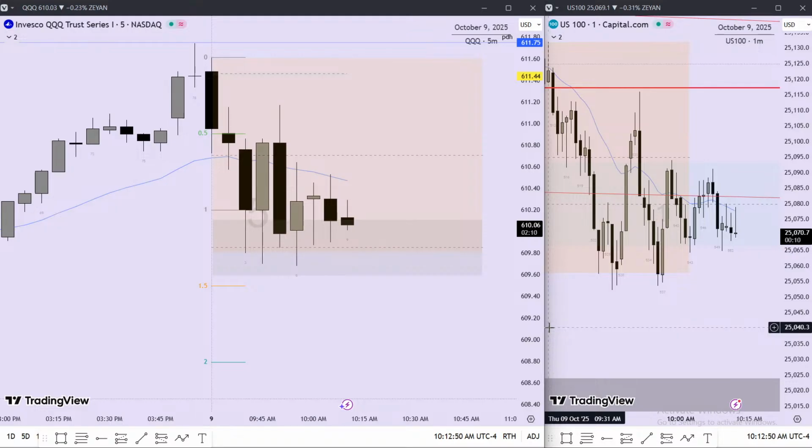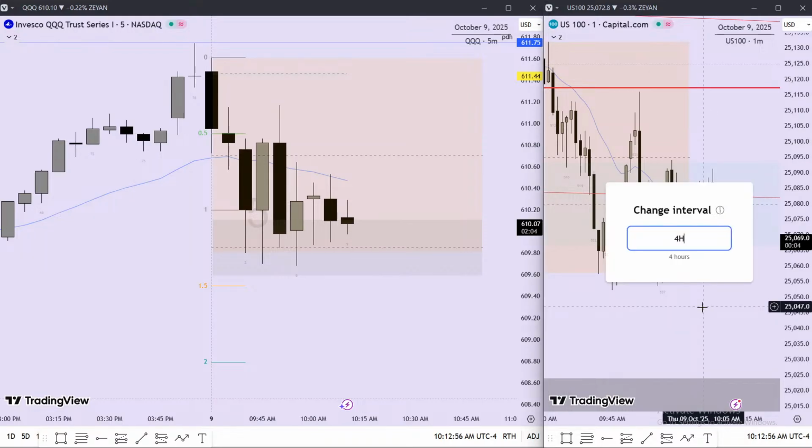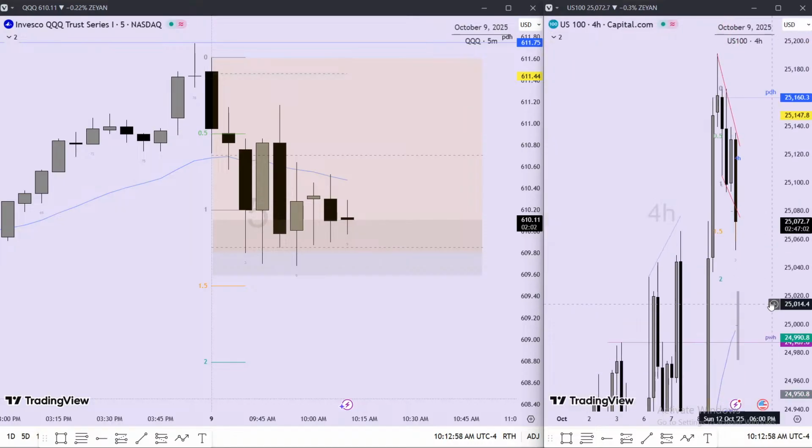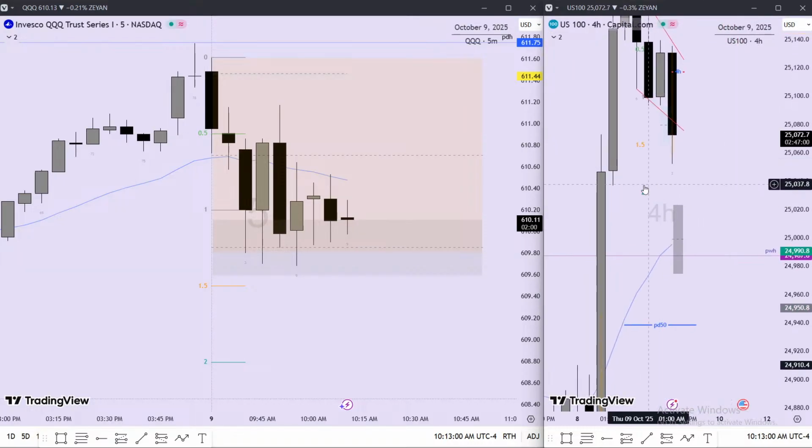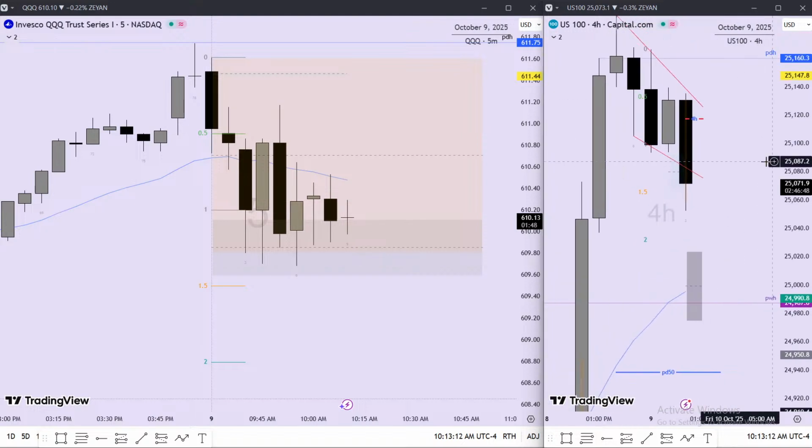We have about 2 hours and 47 minutes left until the 4-hour candle will close. So we can easily come back to the lower fair value gap. This is the low of the fair value, high of the fair value gap of this candle. You can easily touch the moving average and come back up within 3 hours.